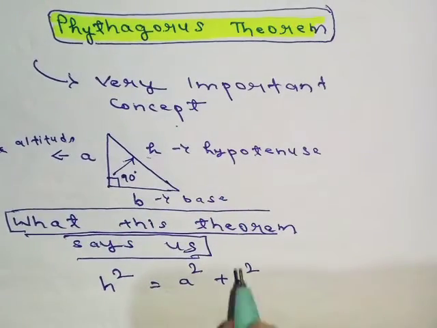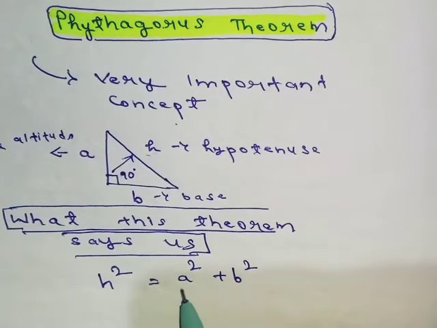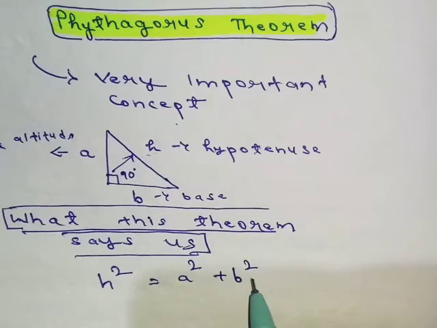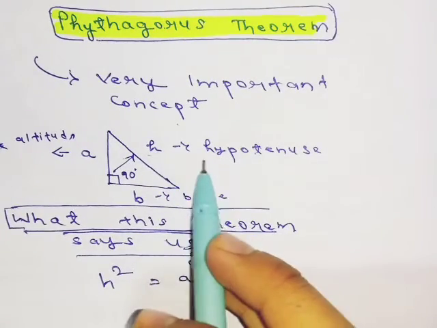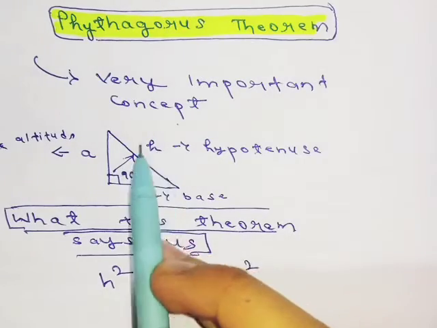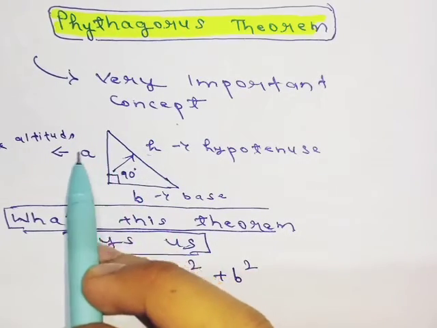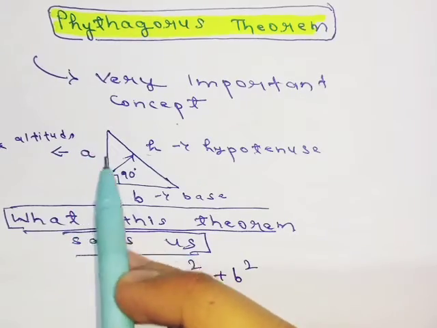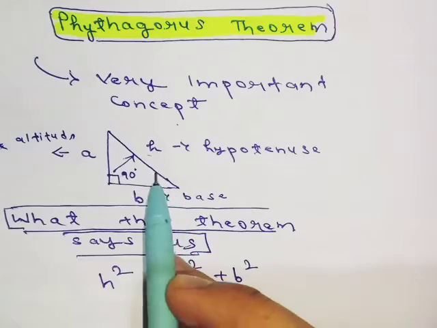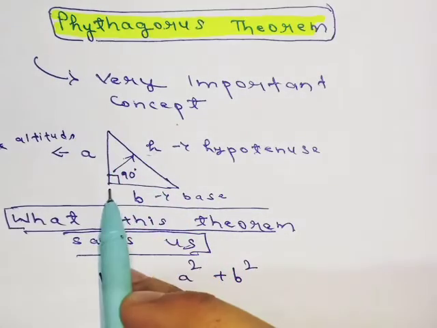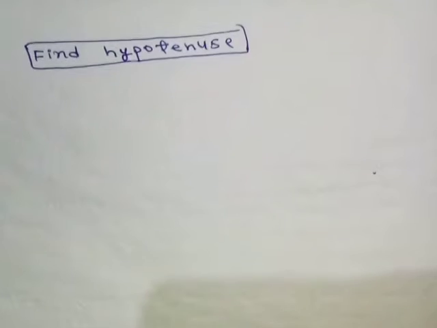Now what does Pythagoras theorem tell us? It tells that hypotenuse square is equal to altitude square plus base square. So the square of this hypotenuse is equal to the square of this side, the altitude, plus the square of the base. So this single hypotenuse is equal to the sum of the squares of both.